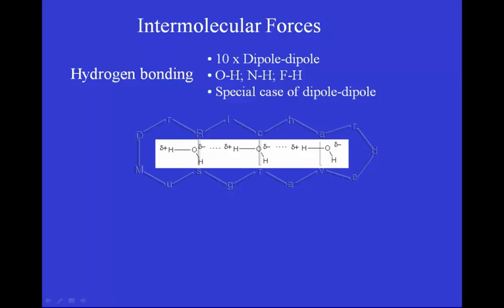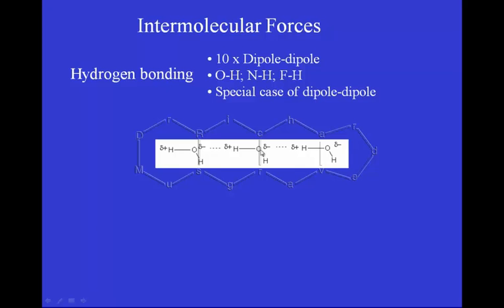The strongest intermolecular force we're going to talk about is the hydrogen bonding force. This is 10 times the dipole-dipole force. It's really just a special case of dipole-dipole, but it's what we observe between OH, NH and FH kinds of bonds. Because the hydrogen atom is so small, that's going to result in a smaller distance between the hydrogen and the atom that it's attracted to, which is going to be, in this case, an oxygen in another molecule.